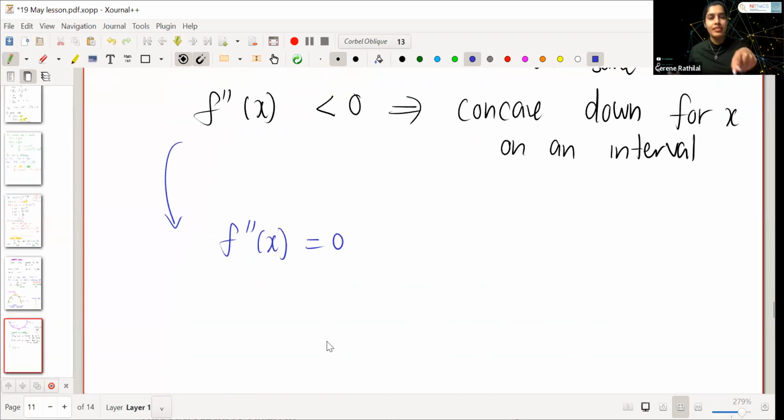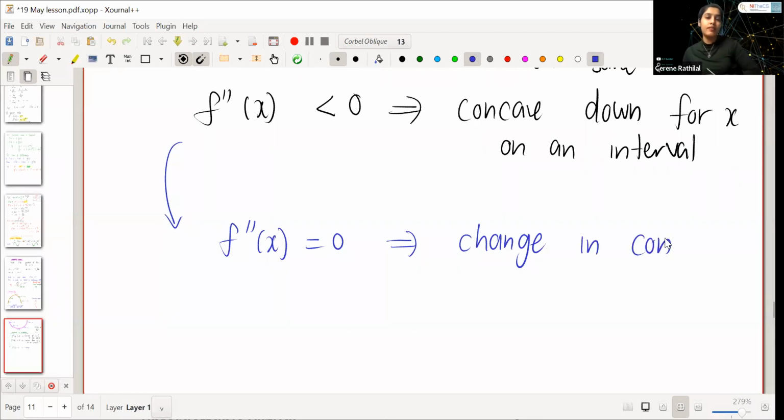So now here, again, what it's going to signify, because it was previously a change in rise and fall, now it's going to be a change in concavity. So whenever the second derivative is equal to zero, we then say that this signifies a change in concavity.